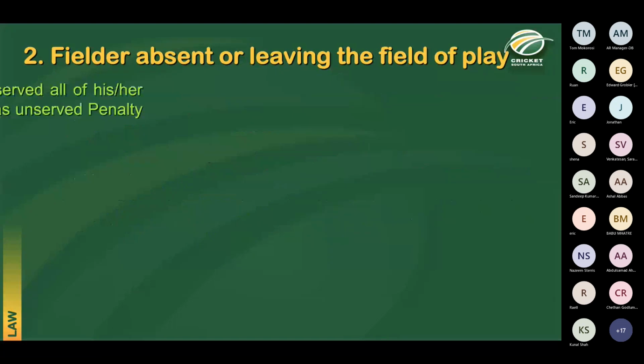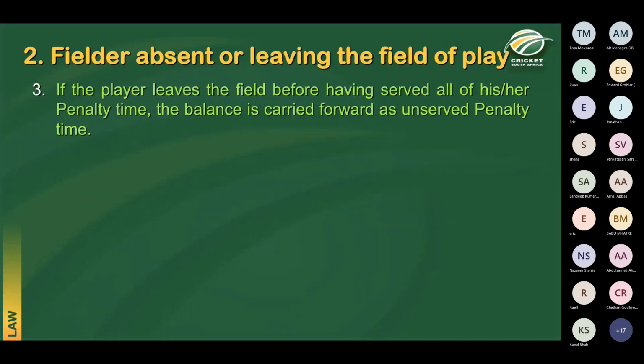If the player leaves the field before having served all of his or her penalty time, the balance is carried forward as unserved penalty time. So what this means is, in my example, where the player left the field at 10:20, came back onto the field at 10:50. At 10:50, he owed us 30 minutes of penalty time.